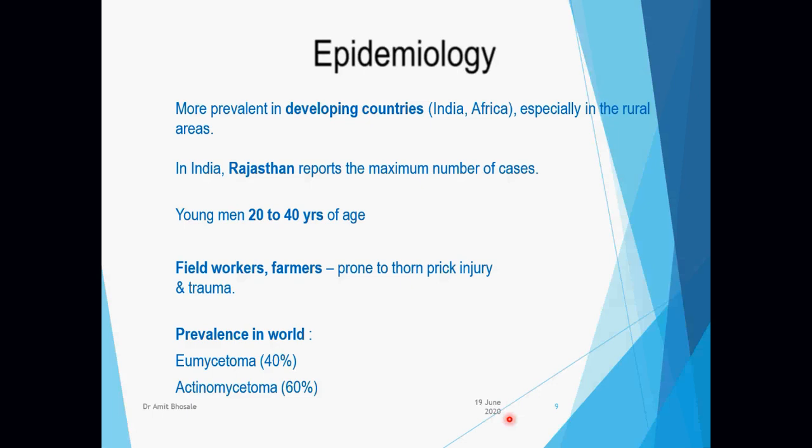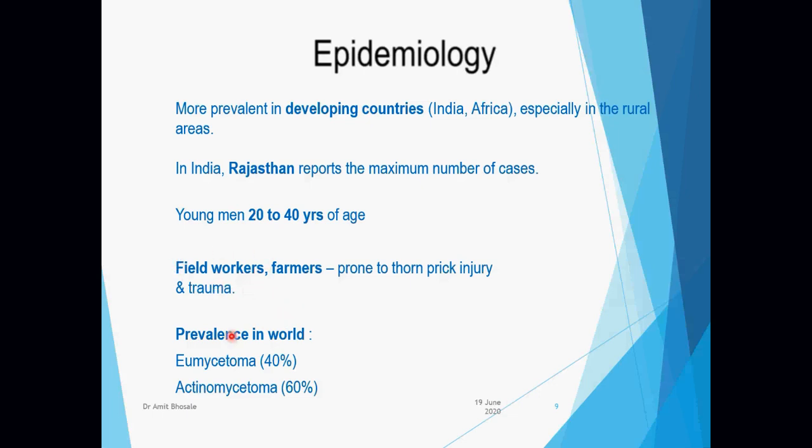Coming to the epidemiology, it is more prevalent in developing countries like India and Africa, especially in rural areas. In India, most cases are reported from Rajasthan. Young men ranging from 20 to 40 years are commonly involved. Field workers and farmers are prone to thorn prick injury and trauma, and mostly the cases are seen in these people.